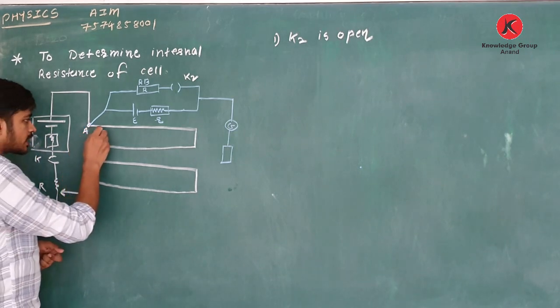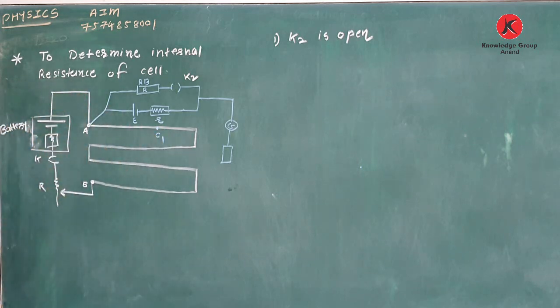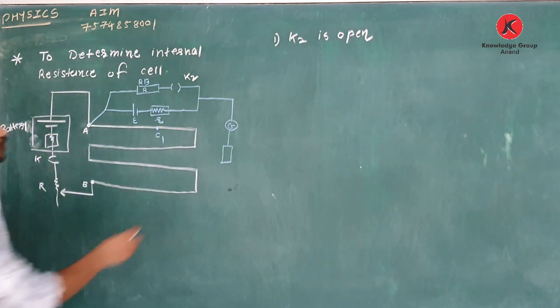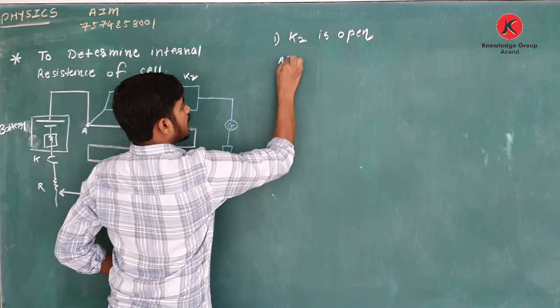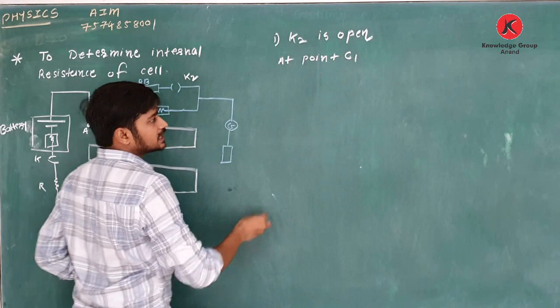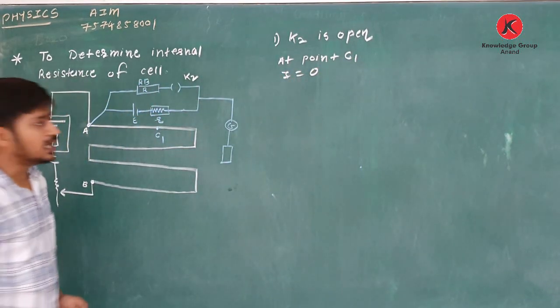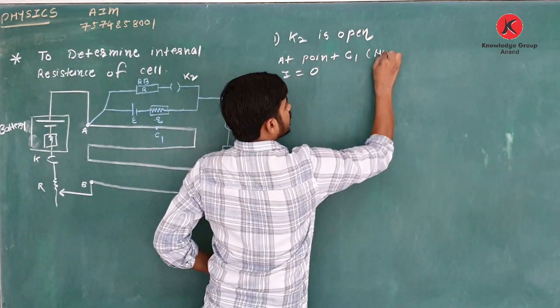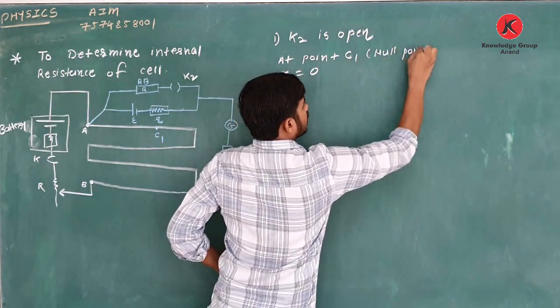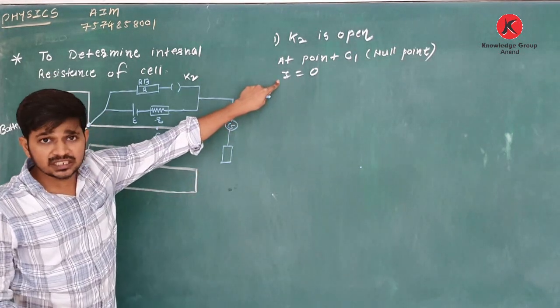Let me move the jockey, and at this point C1, when K2 is open, the galvanometer shows 0 current, meaning it is the null point. So the open circuit condition is achieved.